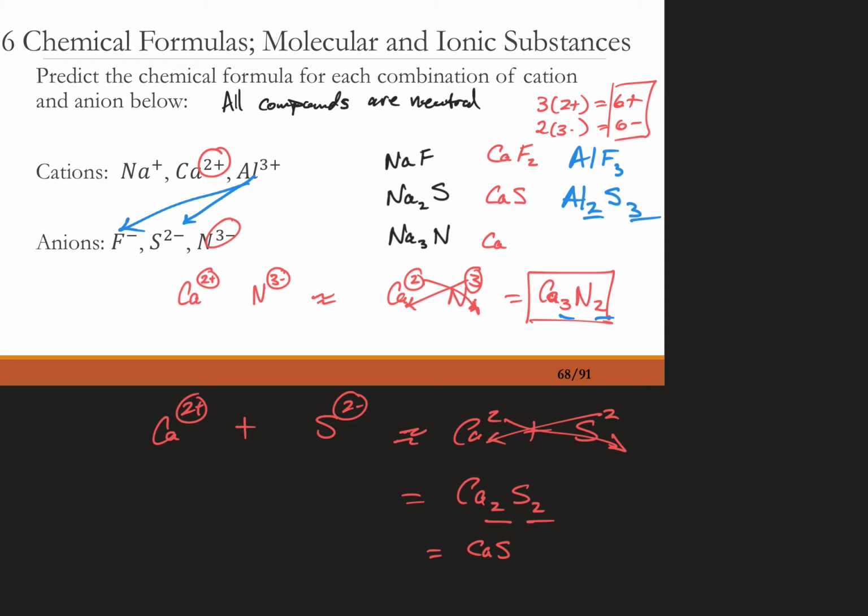And then finally, aluminum and nitrogen will be at a 1-to-1, so it's just AlN. If you did the crisscross method, you get Al3N3, but reduce those to the simplest whole number ratio.